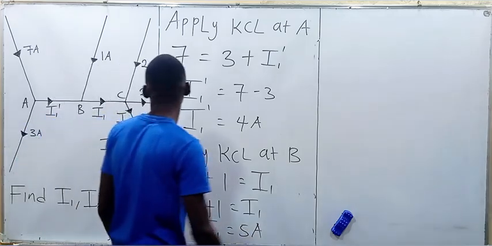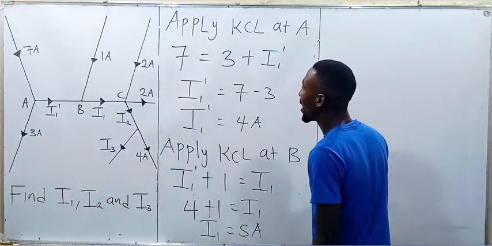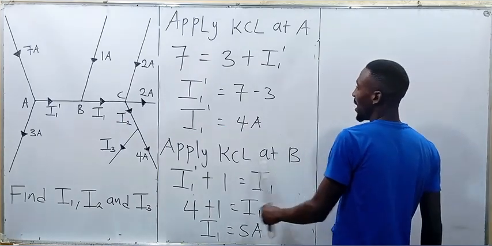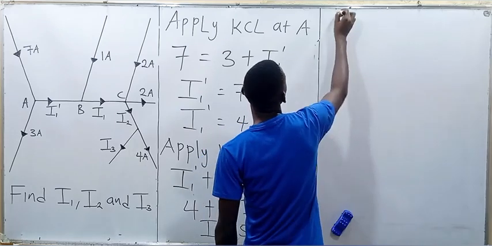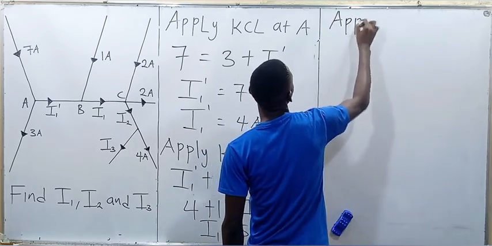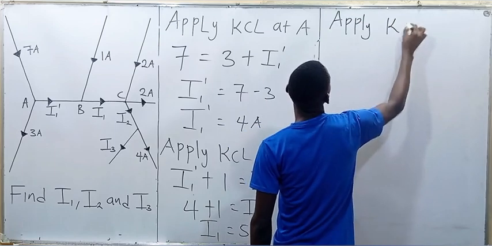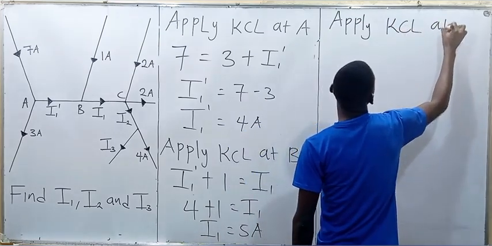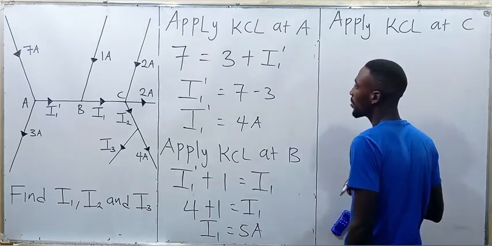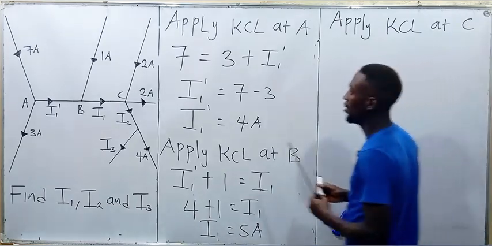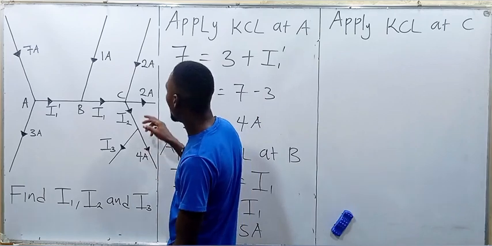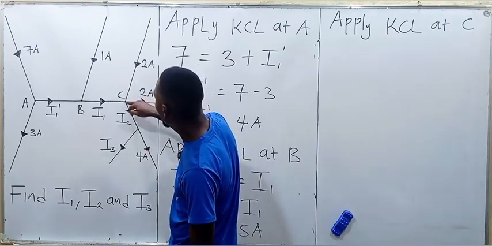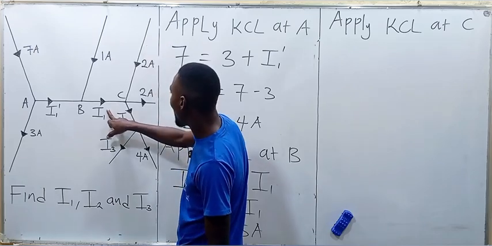All right, so we are going to apply KCL at node C. If you look at C, the current coming in is 2 ampere and I1.